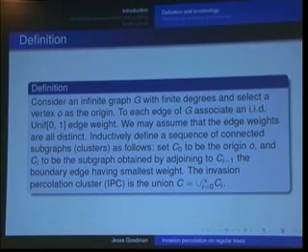Now I'm going to grow a cluster dynamically according to the following deterministic rule with these random weights. I start with the origin, look at the boundary of my cluster, and add the smallest weight edge. Then I repeat with my larger cluster. So I'm building some sort of percolation-type connected subgraph inductively, and I'm going to look at the infinite union of all those after infinitely many steps.